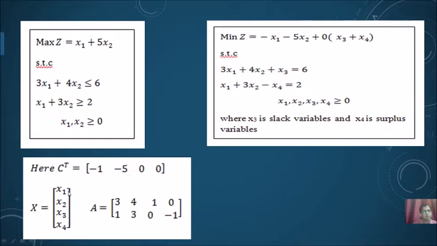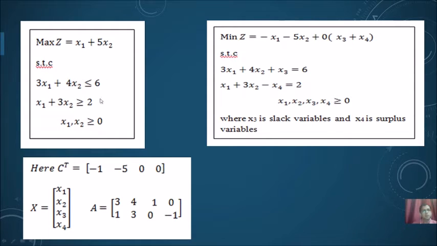X is your column vector of the decision variables, that means x1, x2, x3, x4. As I already said, x3 is a slack variable, x4 is a surplus variable. Now A, that means our coefficient matrix, you can see here is 3 1, 4 3, then 1 0 and 0 minus 1, right? So this is our coefficient matrix.